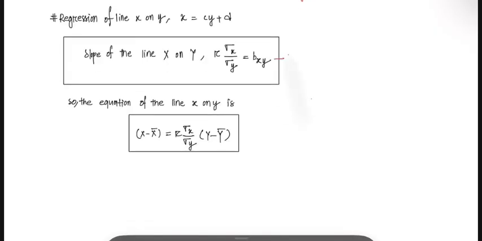This is the slope of the line x on y. This is the equation of the line x on y. Got it?